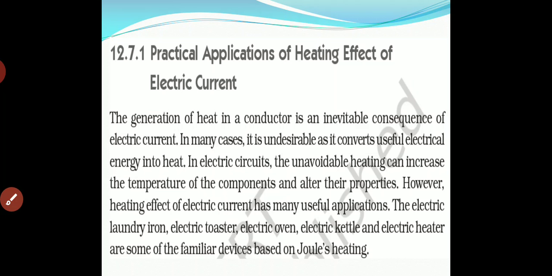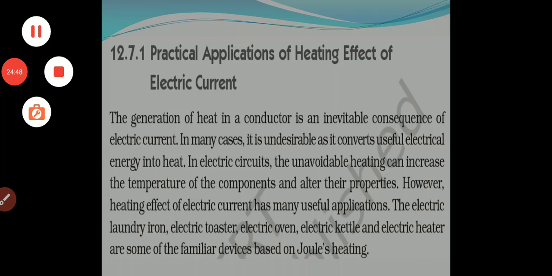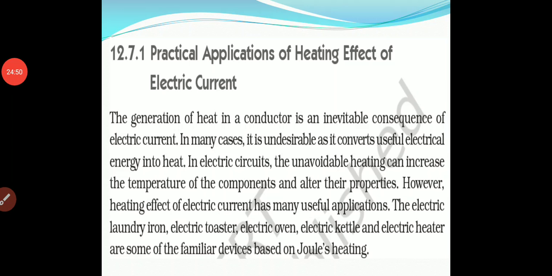Practical application of the heating effect of electric current. The generation of heat in a conductor is an inevitable consequence of the electric current. In many cases it is undesirable, as it converts useful electric energy into heat, due to which there will be a loss of electric current.